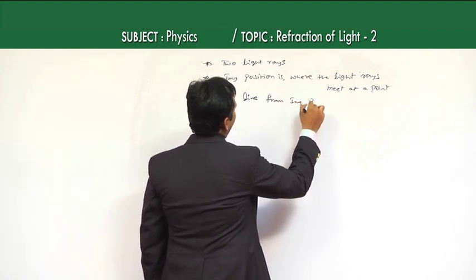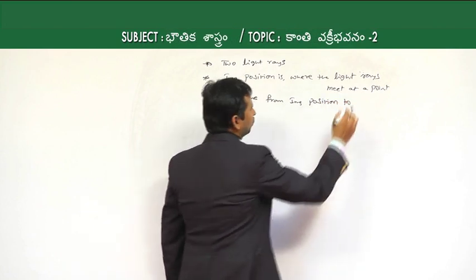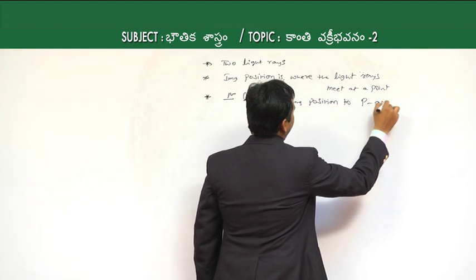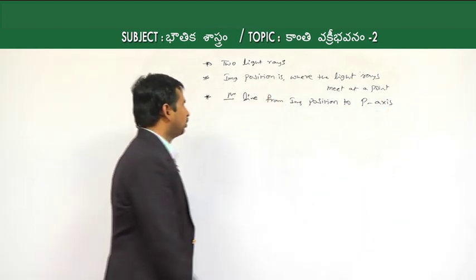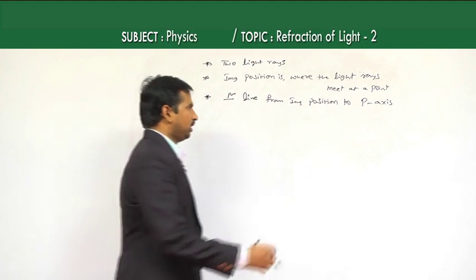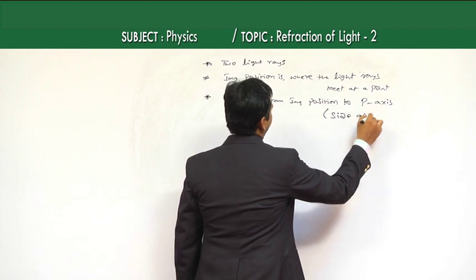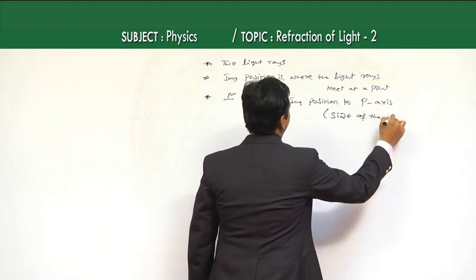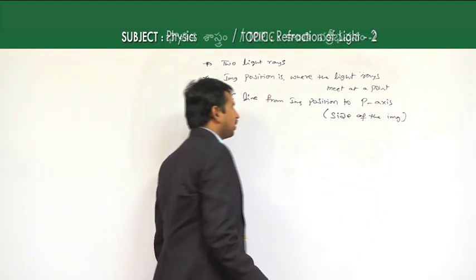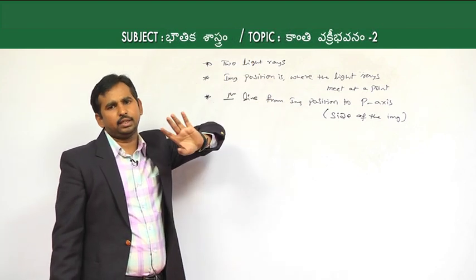This gives you the size of the image. Okay. So, these are the minimum 3 things we have to follow before drawing the ray diagram.